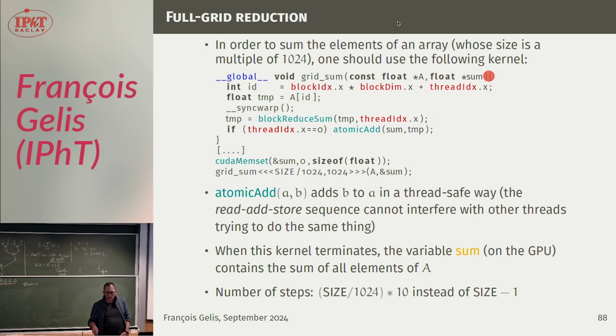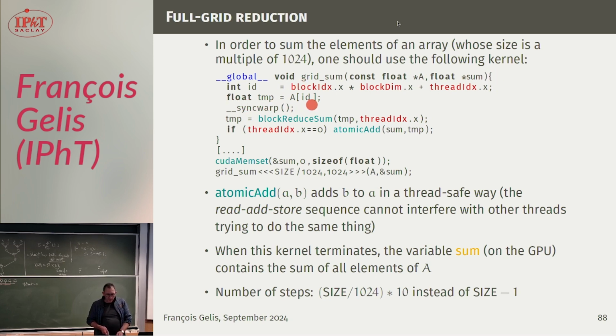A second argument is a pointer to where you want to put the sum, and this variable sum is located on the GPU. And it's called with one thread per entry of the array. So you first store in a temporary variable the corresponding value, A at this index. You compute the index from the block index, the size of a block and the thread index.